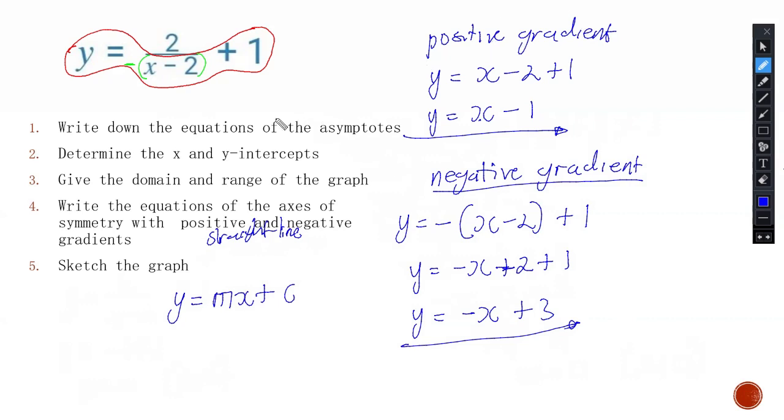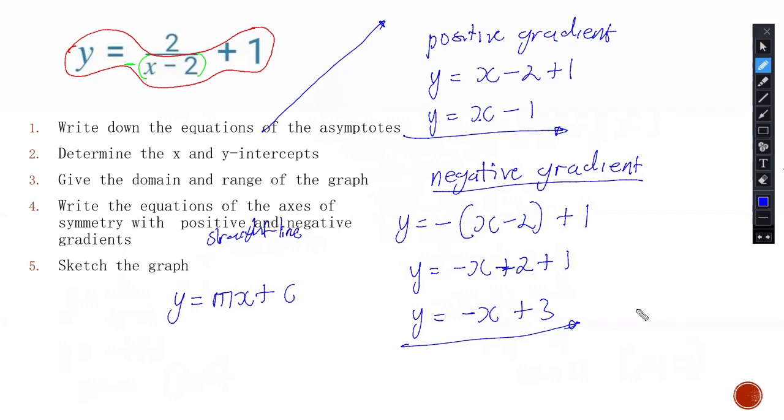The positive gradient one is a straight line that will go in this direction because it is a positive gradient. So sometimes, instead of saying write down the equation of the axis of symmetry with the positive gradient, they will say write down the equation of the axis of symmetry that is increasing, right? Remember, if it's increasing, that means it has a positive gradient.